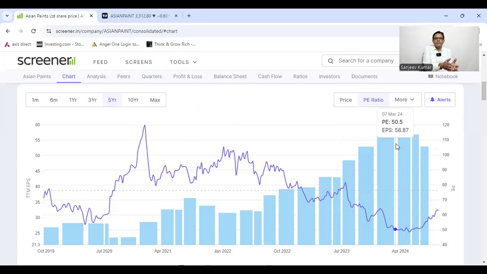So if you jump because EPS is growing, then definitely you are making a big mistake. So what is the good way? The good way is to jump if EPS is growing and share price is growing, and then definitely PE will also grow. This is the best way to select a share or a company.